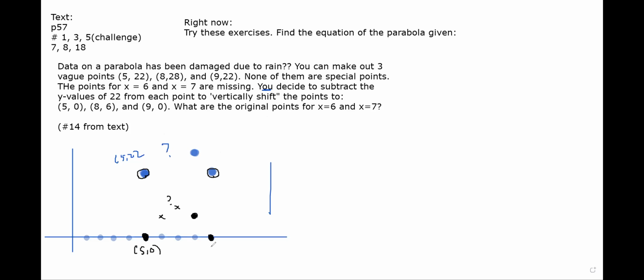So now we have 2 x-intercepts and a random point. How does that help us? What does this allow us to do by bringing it down?